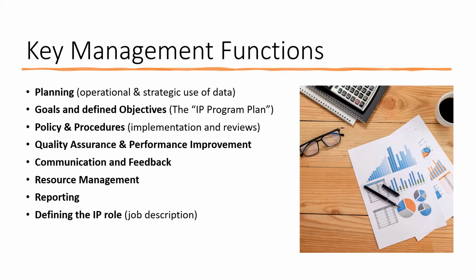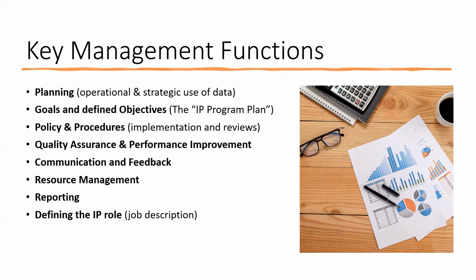Goals and defined objectives should be written within your infection prevention program plan, which we'll talk a little bit more about a little bit later in the presentation. Policies and procedures should be implemented and reviewed annually and/or as needed. Quality assurance and process improvement, communication and feedback to staff, resource management, reporting, and also defining the role of the IP.